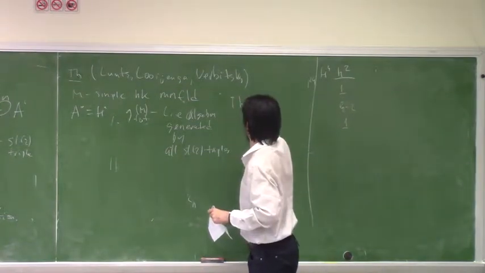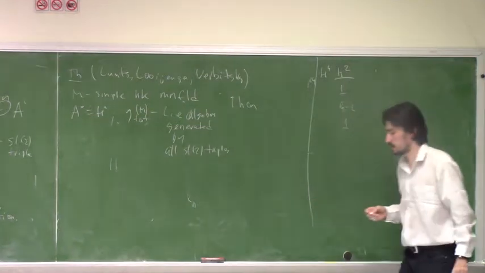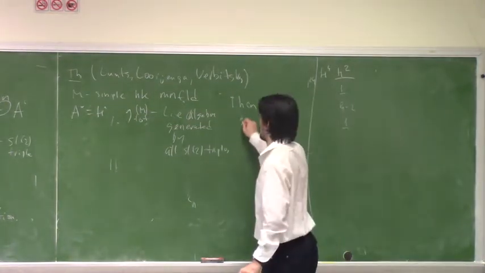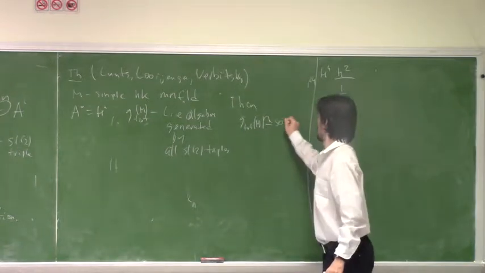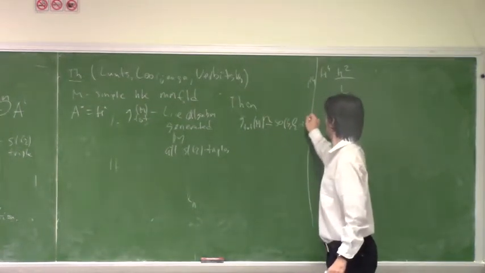When this algebra is an orthogonal Lie algebra, it's isomorphic to so(4 b2 minus 2).